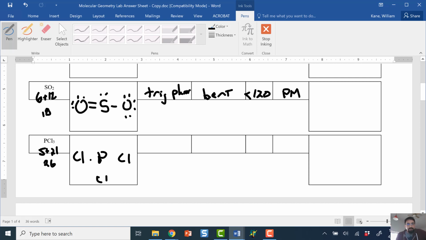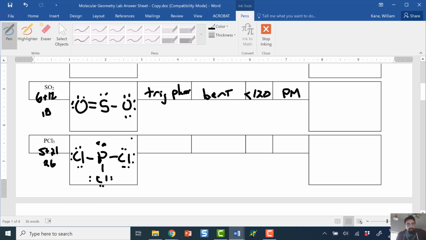And since we're getting so good at this, we kind of know that we can get away with putting lone pairs around 3 sides of each chlorine and we can draw a bond to the phosphorus. Now, those of us that are quick with math, we see 3 sets of 8, so that's 24. 26 would be this.